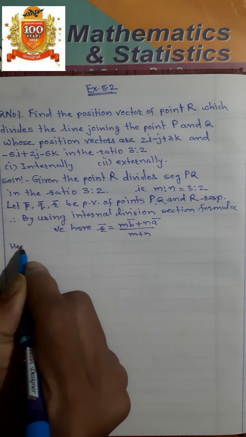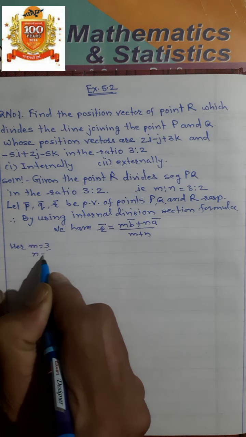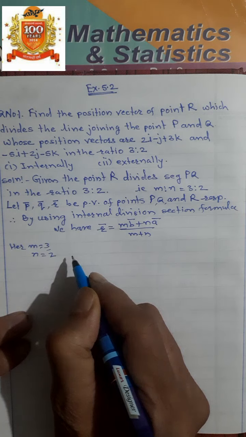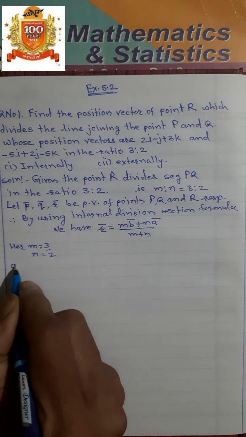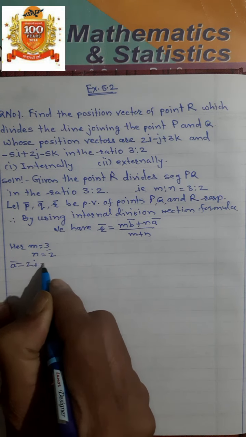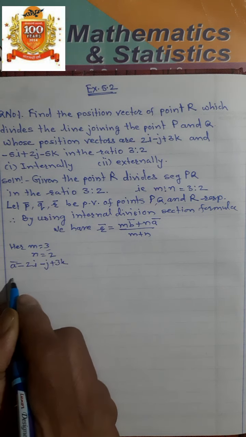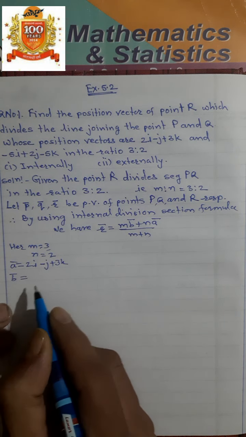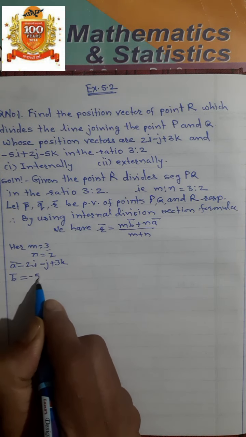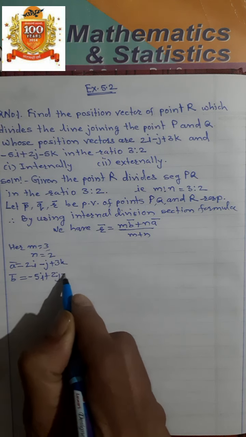Here m is equal to 3, n is equal to 2. A bar is equal to 2i minus j plus 3k and B bar is equal to minus 5i plus 2j minus 5k.